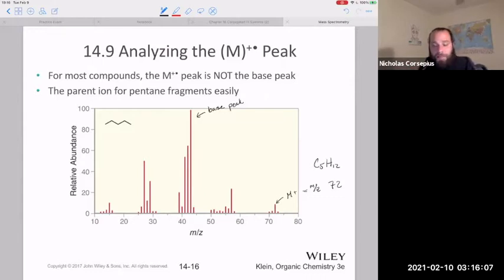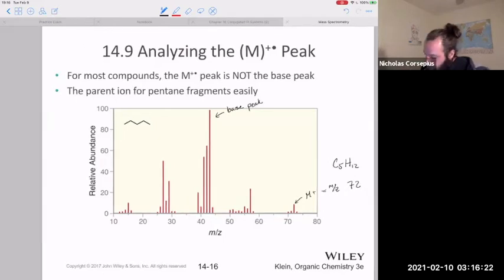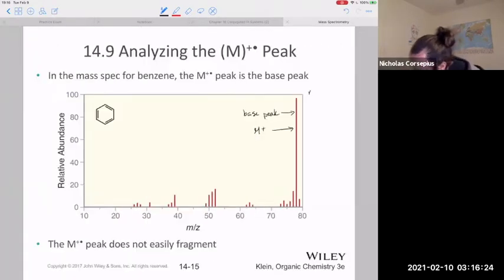It corresponds to the molecular mass of your compound. Likewise, over here, the m over z is equal to 78, which you would expect from the formula benzene, C6H6.